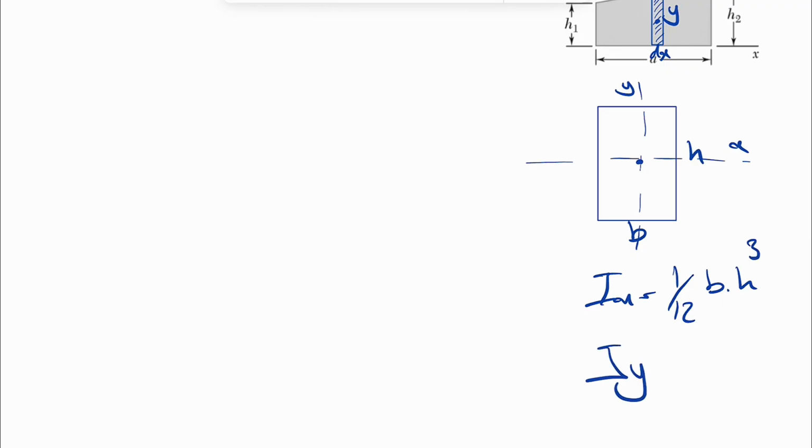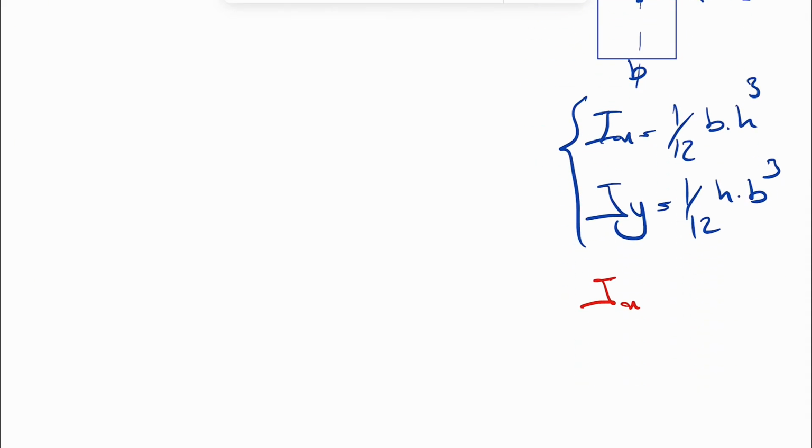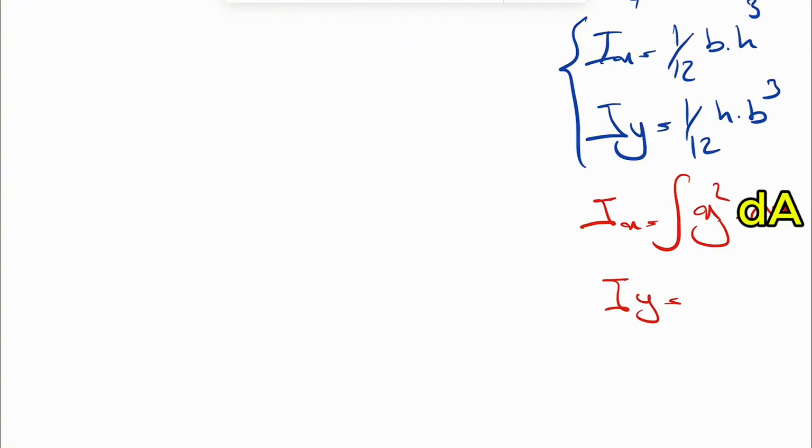And same thing for y, it's going to be 1/12 of our base would be different when we are going with respect to y, so it will be h b to the 3. And the way we're going to find this is basically based on the formula that we have: Ix is equal to the integral of y squared dA, and Iy would be the integral of x squared dA.